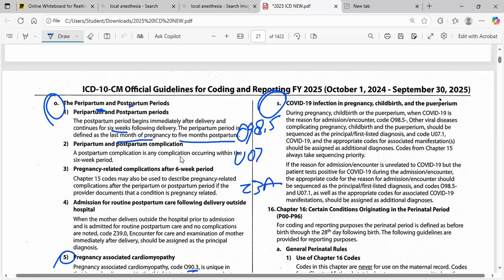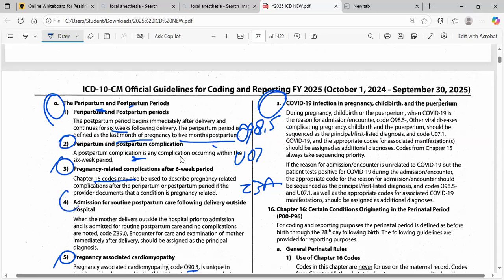We are going to use a code from series O only, even after the delivery. Complication after 6 weeks, that comes under the peripartum. Still we have to use chapter 15 codes to represent that this is a pregnancy related illness.